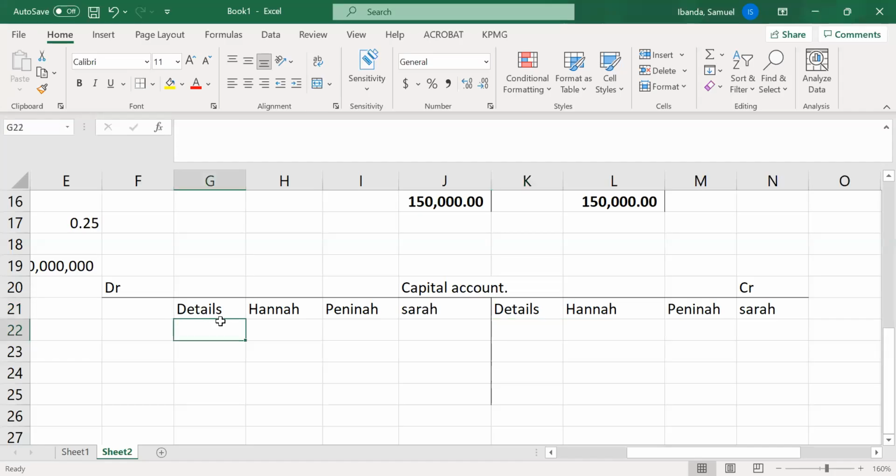All right, I was just trying to show you this when the internet dropped me off. So in this case, from the information they have given us, we are drawing up the capital account.